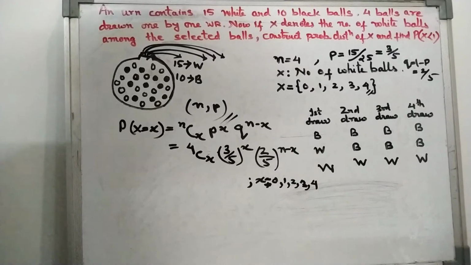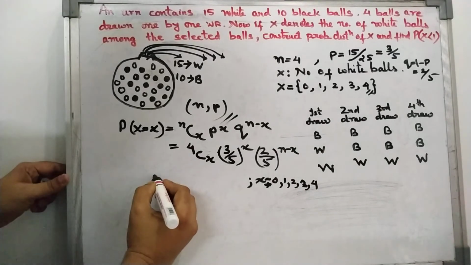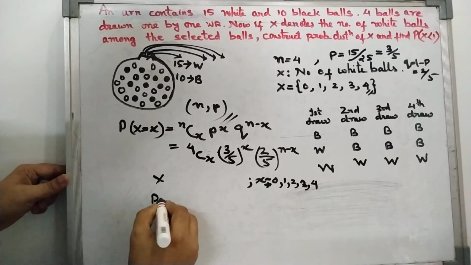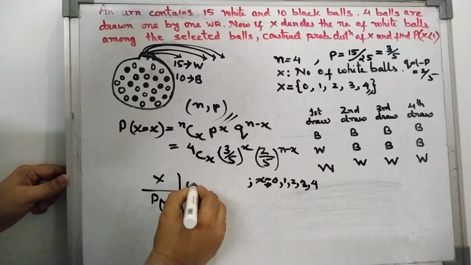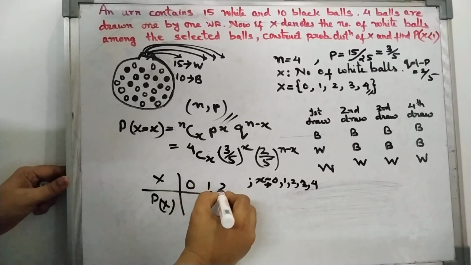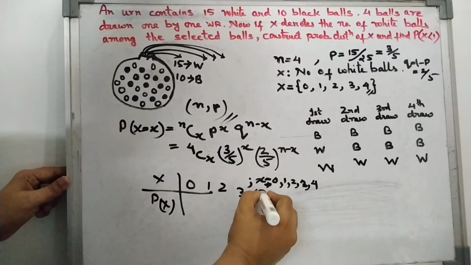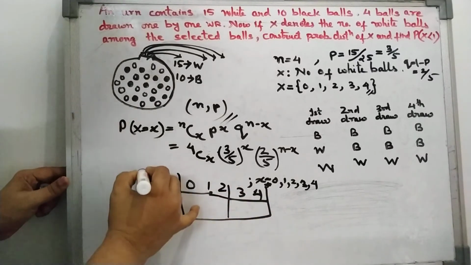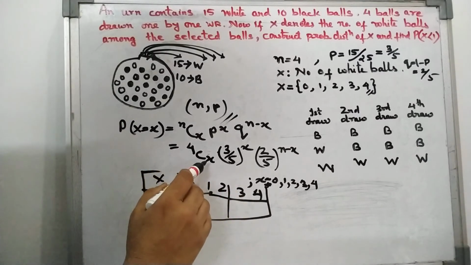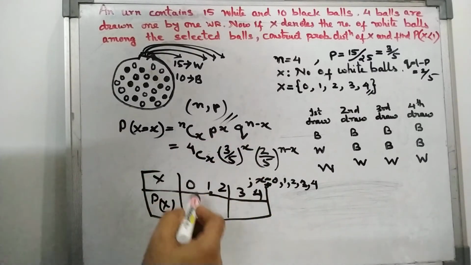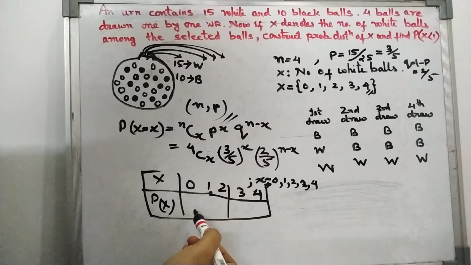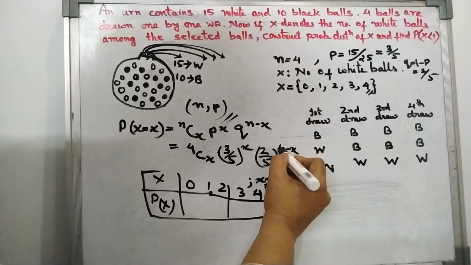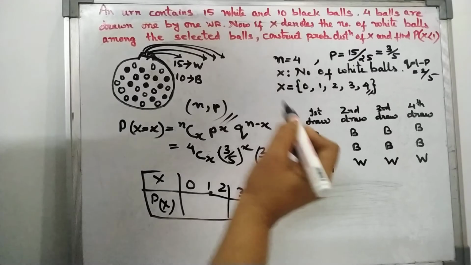So easily you can prepare the table, that is the x, P(x) table for different values of x: 0, 1, 2, 3, 4. For different values of x, we can write P(x) by putting the x value. After calculation we write 4 here, because n is 4.